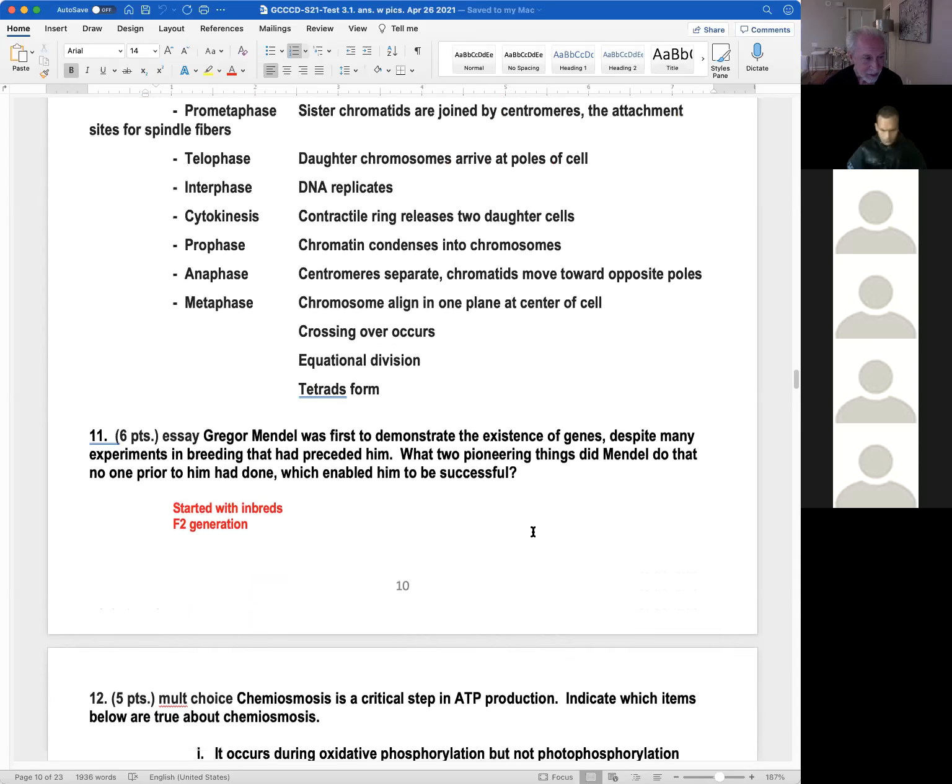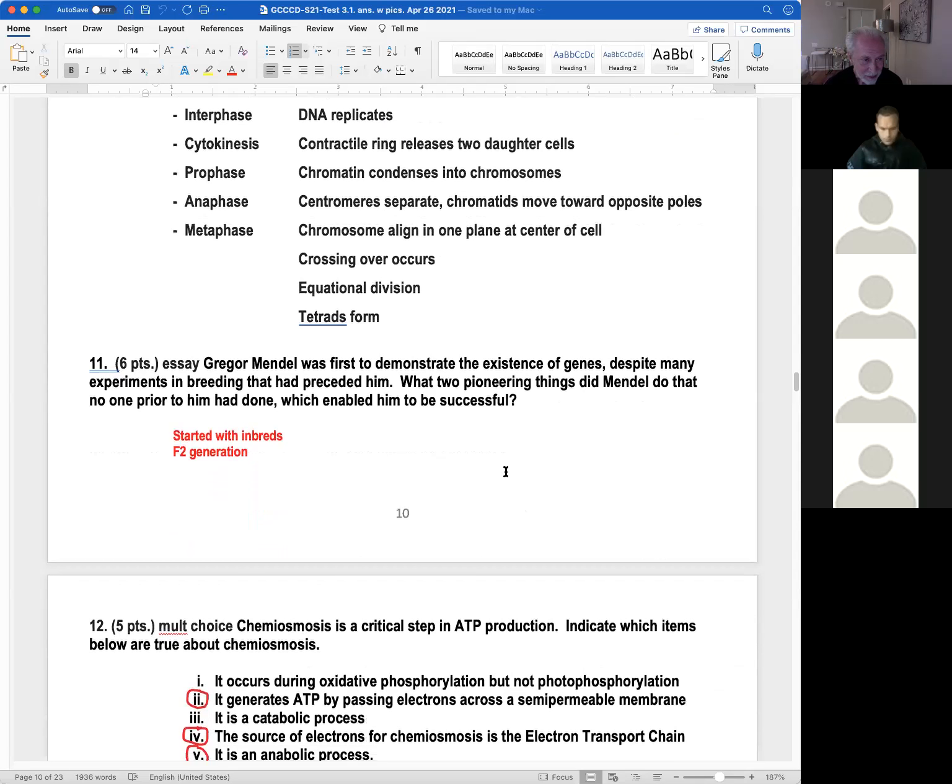Now the next question, this is something that's dear to my heart, as some of you have recognized. Mendel was a genius in that he had two really seminal insights. He did a lot of things, and many of you answered this question by telling me some of the things that Mendel did, and that's all great. But those things were not what made him unique.